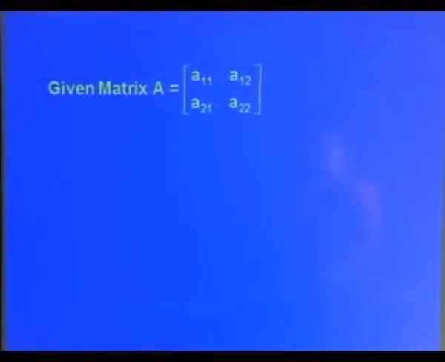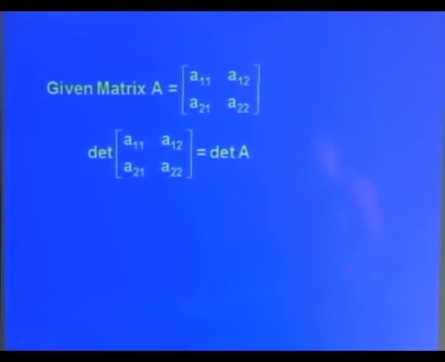Now, given this matrix A as a11 a12 in the first row, a21 a22 in the second row, one can define the determinant of the matrix, which we denote by determinant A, as a11 a22 minus a12 a21.